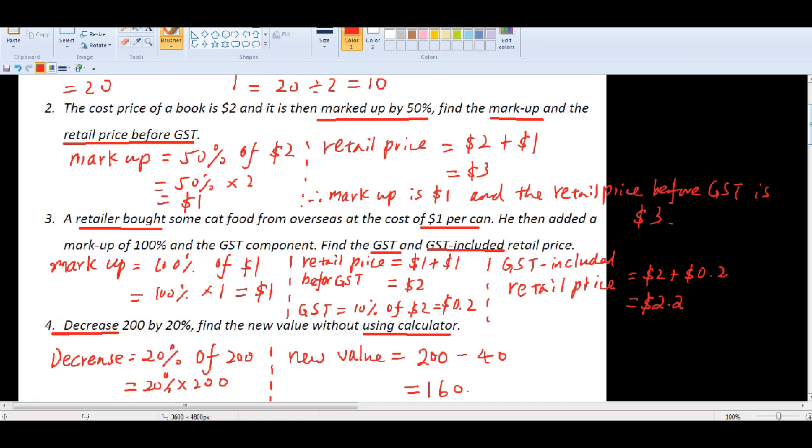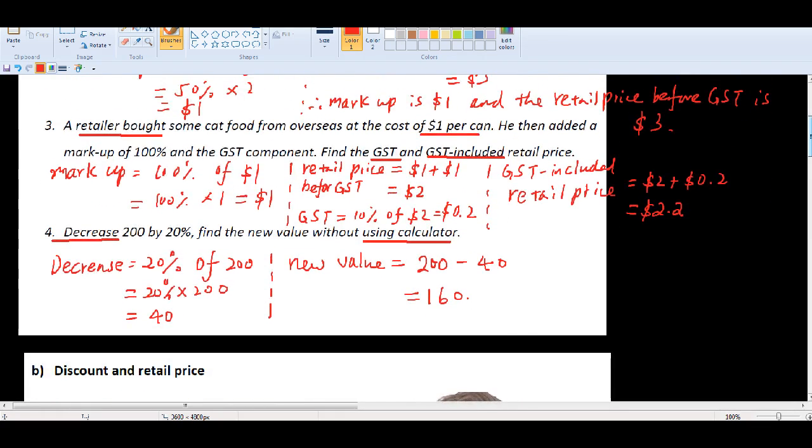Okay, and question 3 is more complicated. There are a few more steps than question 2. They give you the cost price of the cat food as $1 per can. Then they add a markup of 100% and the GST component, and you need to find the GST and the GST included retail price.